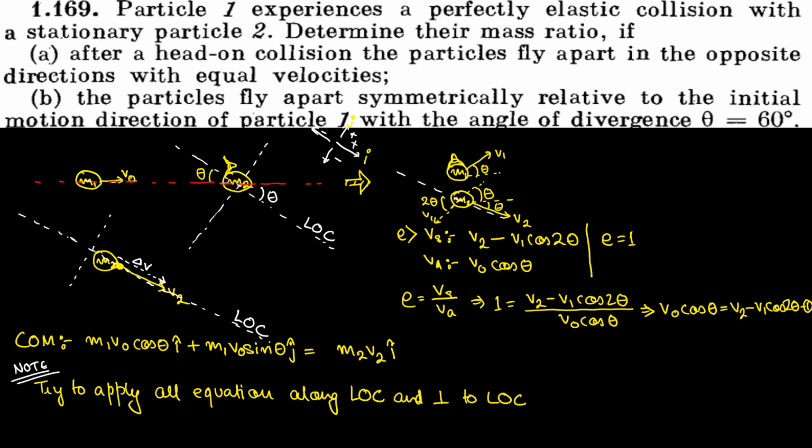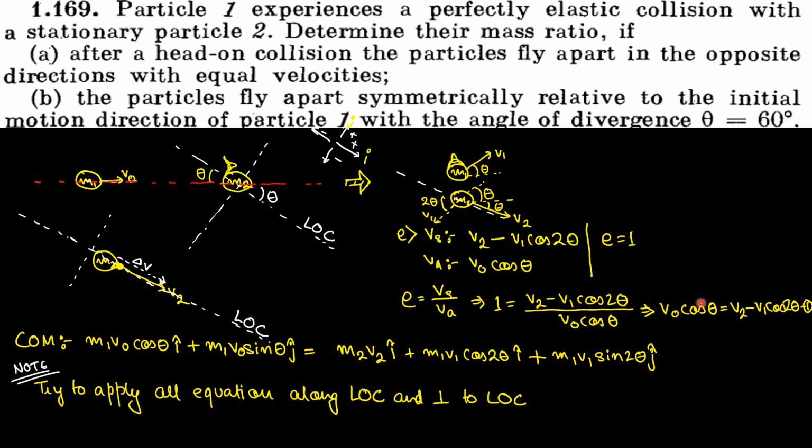So plus m1 v1 cos 2 theta i cap is along the line of collision, and plus m1 v1 sin 2 theta j cap, that means the component of this velocity perpendicular to the line of collision.